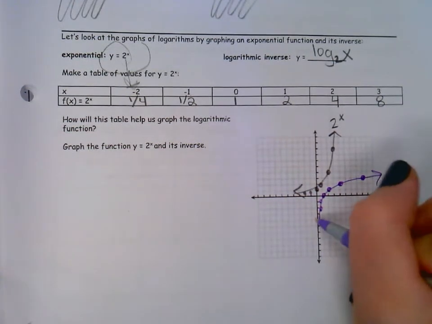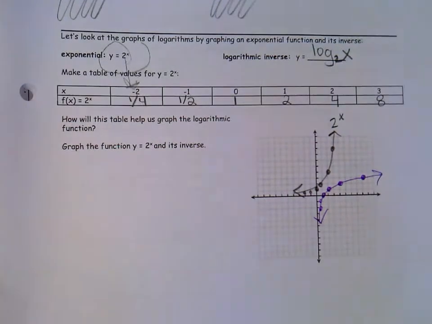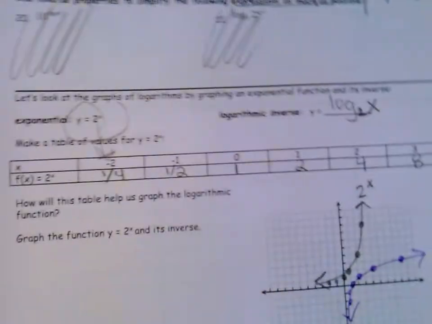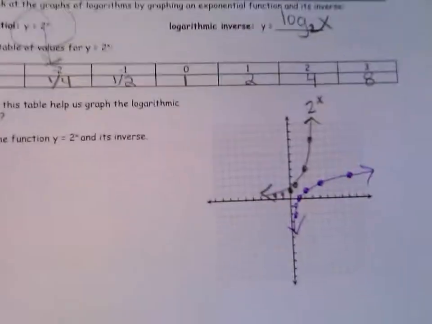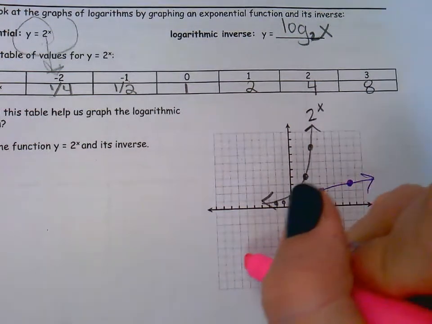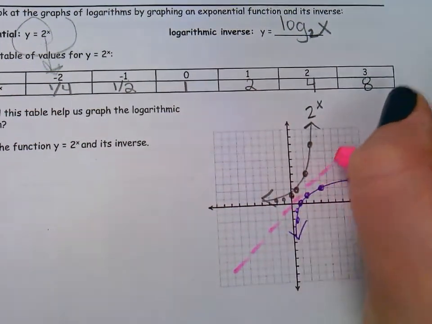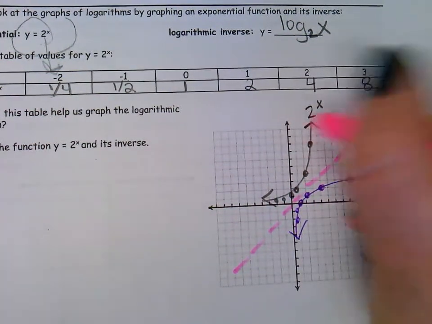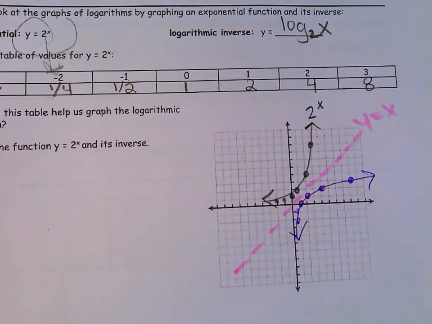So do you see how the purple graph ends up being the inverse of the exponential graph? So that is what a log function looks like. And remember that you can draw in that line of symmetry through the origin, y equals x. So they're symmetrical over the origin.